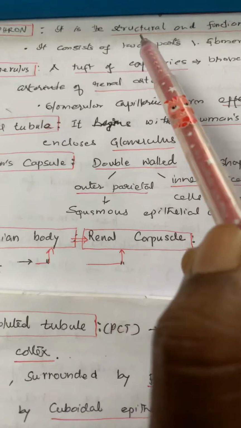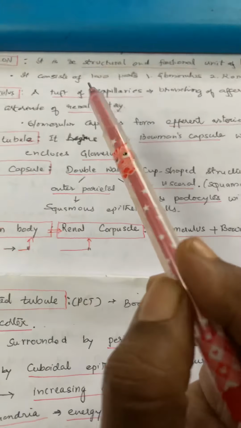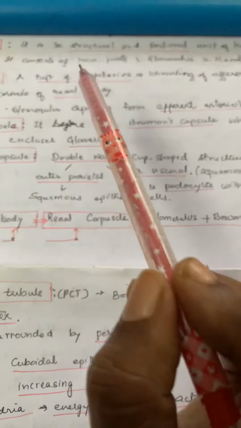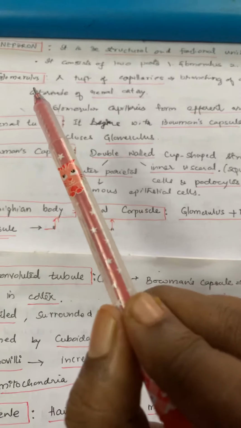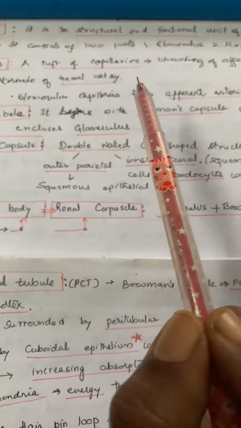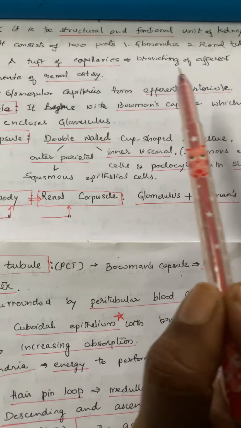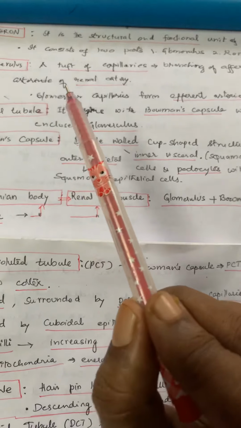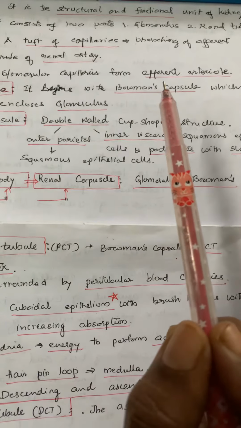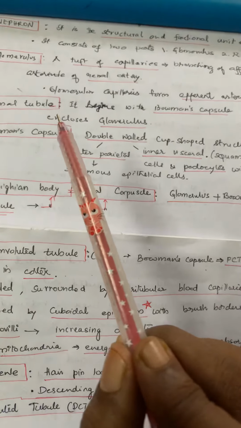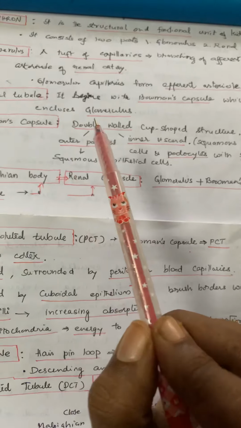So this nephron is the structural and functional unit of the kidney. It consists of two parts, namely glomerulus and renal tubule. Glomerulus is a tuft of capillaries formed by the branching of the afferent arteriole of the renal artery. The glomerular capillaries form the efferent arteriole, and the renal tubule begins with Bowman's capsule, which encloses the glomerulus.